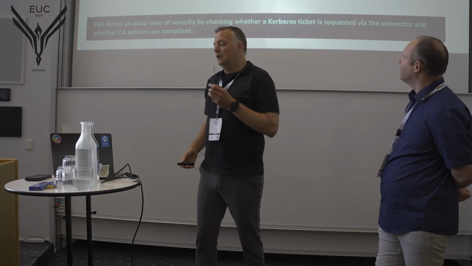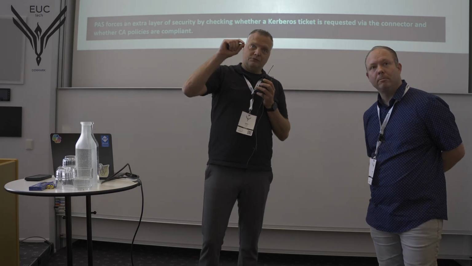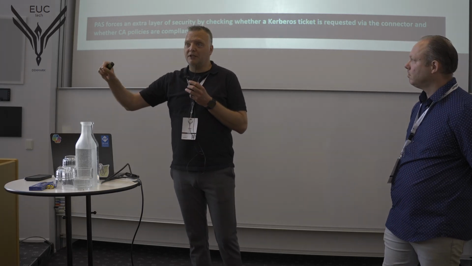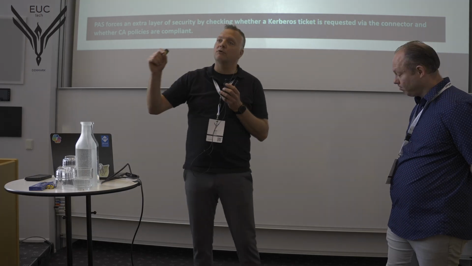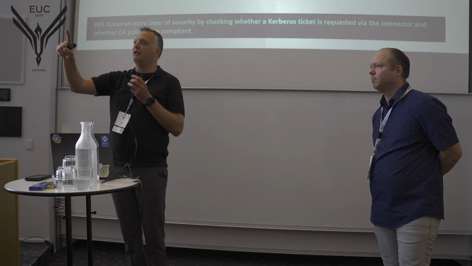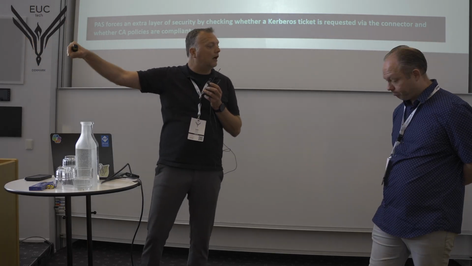So you can see that there are a few things. If you enable ILA and private access sensor on the same application, it will not run when you're at the office, because it will try to connect directly, and the private access sensor will say that's not true because your Kerberos ticket is not valid.